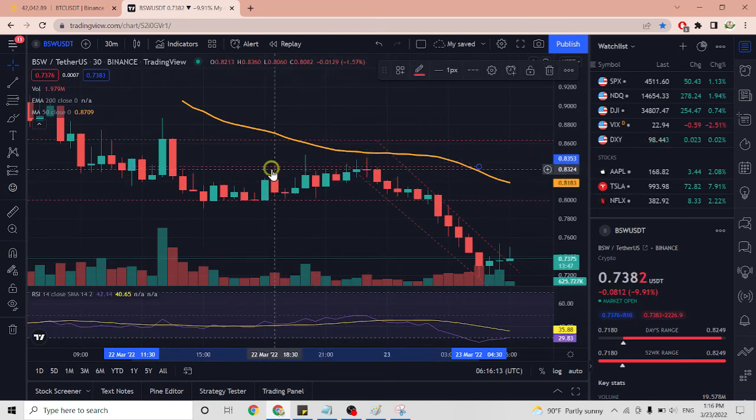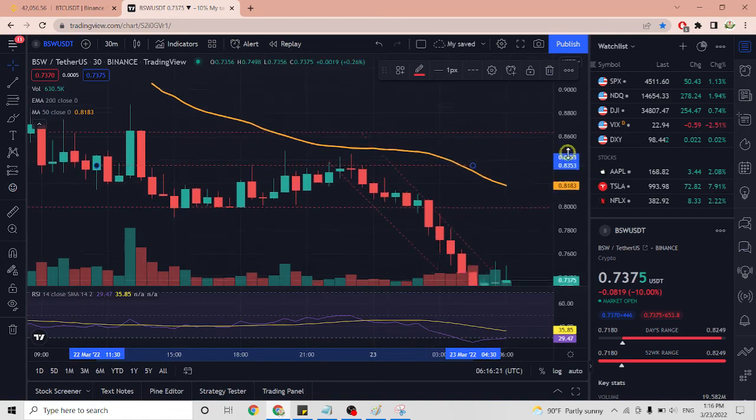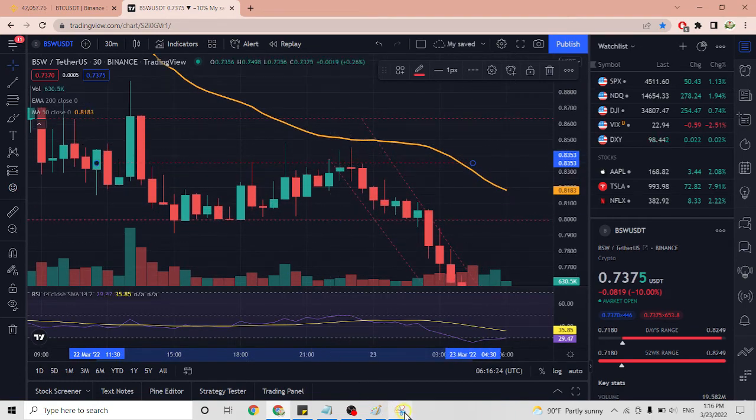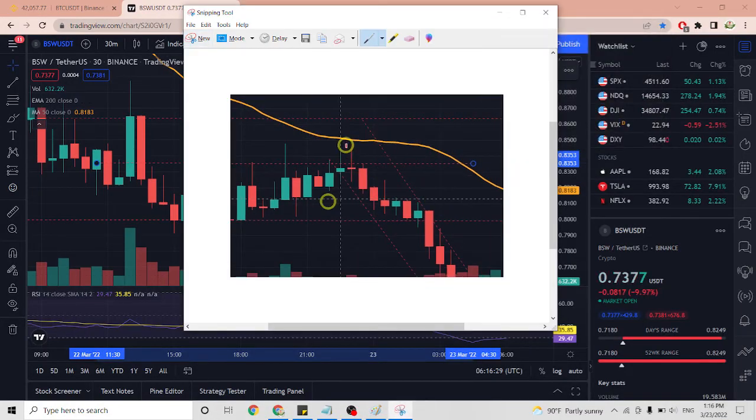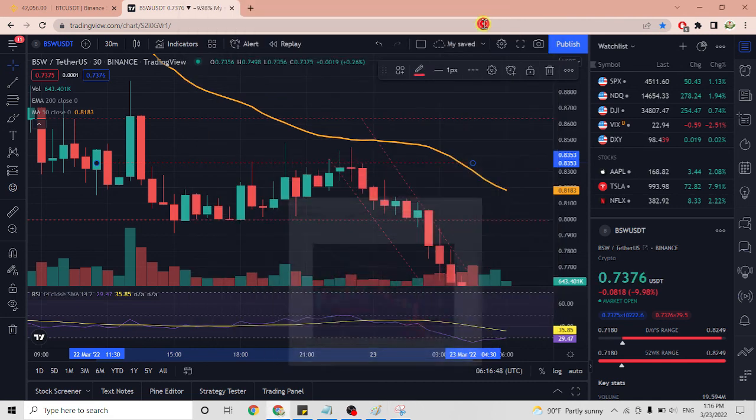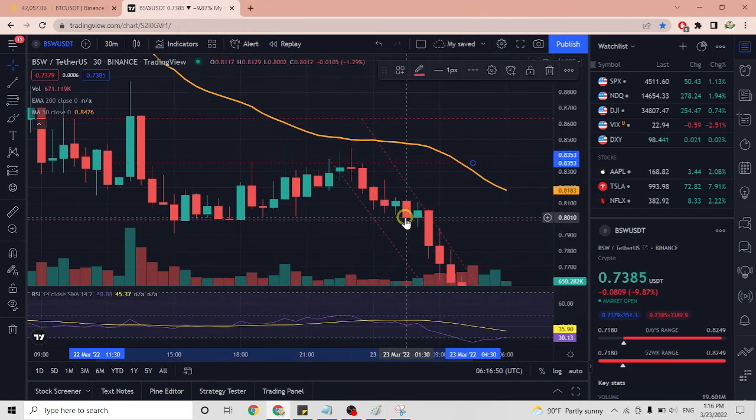If you want to break from this line, this is sideway. You want to break, but you see here the candlestick is just the shadow, not the body. So that's a fake breakout. See here, it's shadow, not the body, just little. That's why it doesn't break out from this sideway. So it goes down, it does not come up. That's called fake breakout.